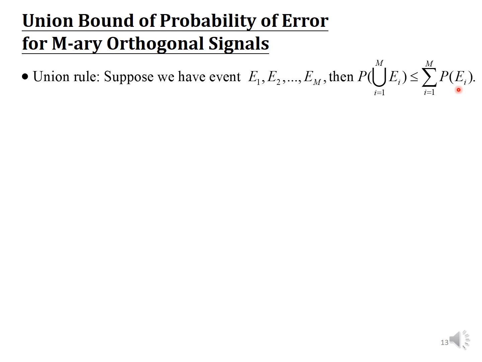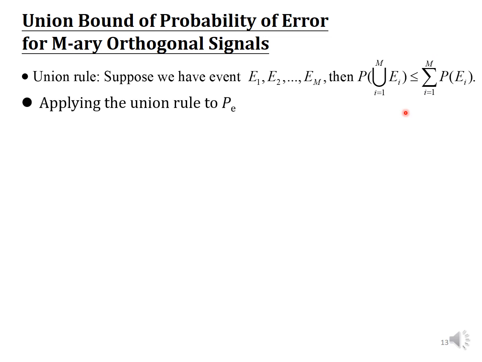That's the union rule, and it's very straightforward to understand because the union of the sets is less than or equal to the summation of the sets.